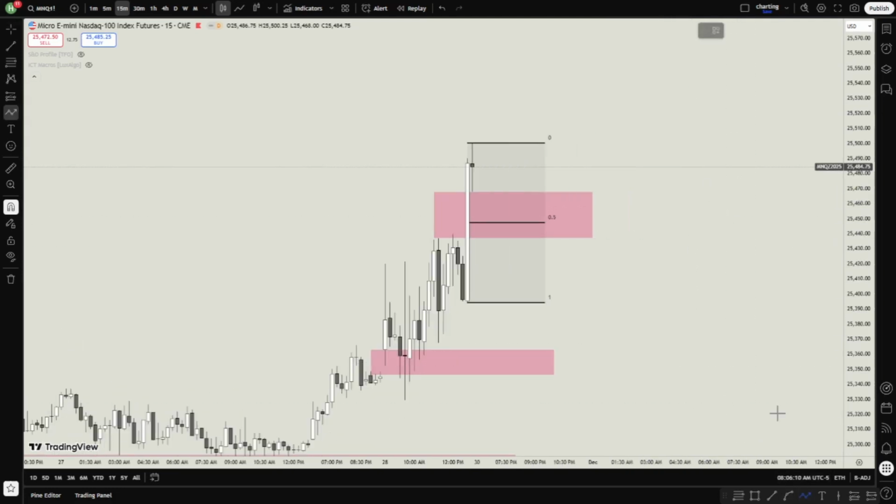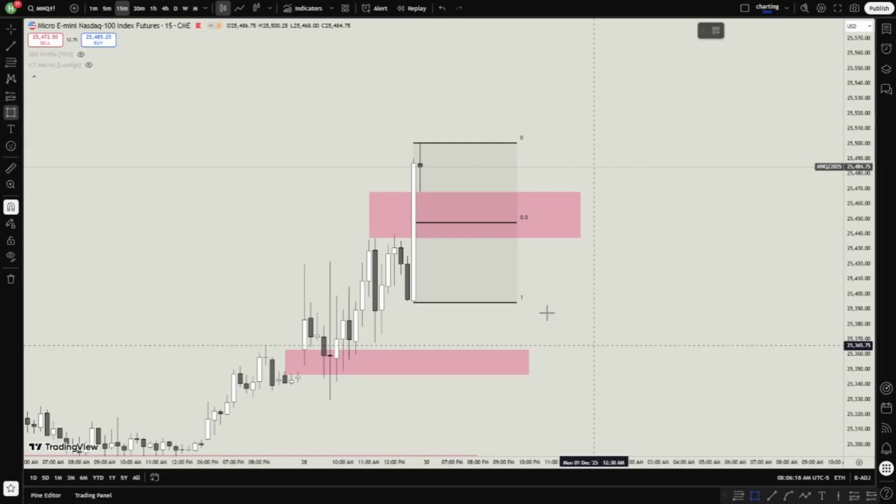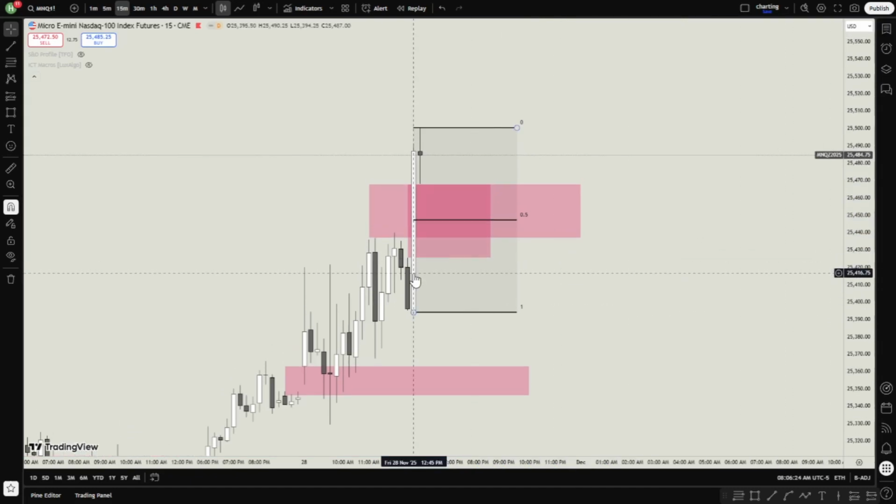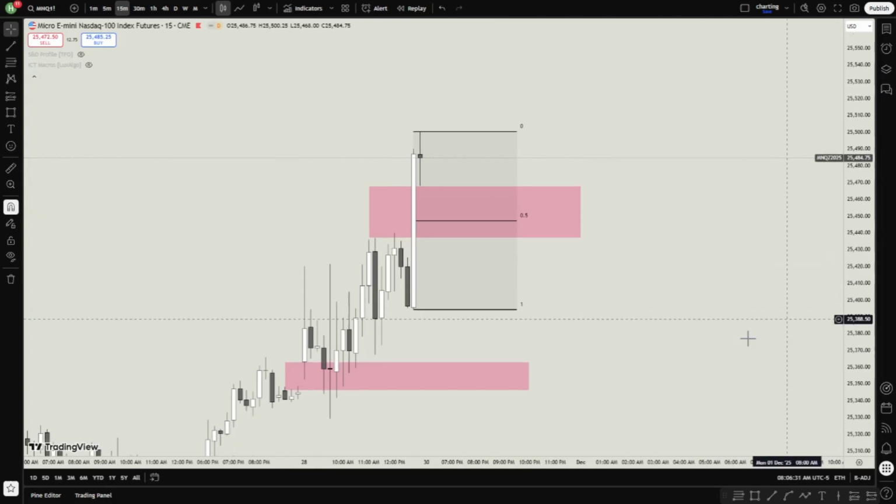So what happened? This candle closed and we created another 15-minute fair value gap. Remember what did I say? If we have fair value gap inside fair value gap, this makes fair value gaps much stronger. So we can say this area is stronger right now, but we don't know it.